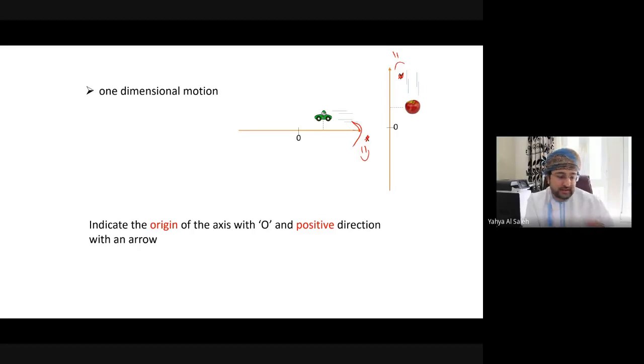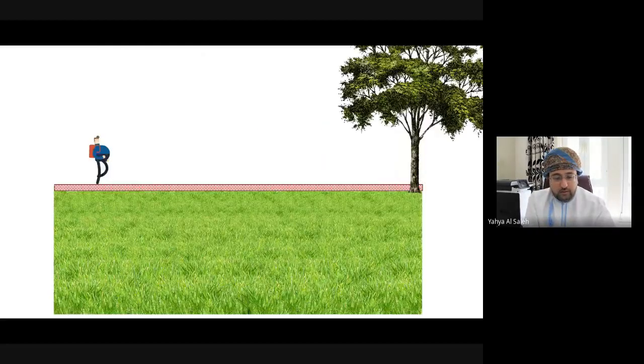I could do it the exact opposite way, and it would make no difference whatsoever. Okay, so far so good. We call this a coordinate system. The XY axis or XYZ, we call it a coordinate system. Okay, let's think of this person who's moving.